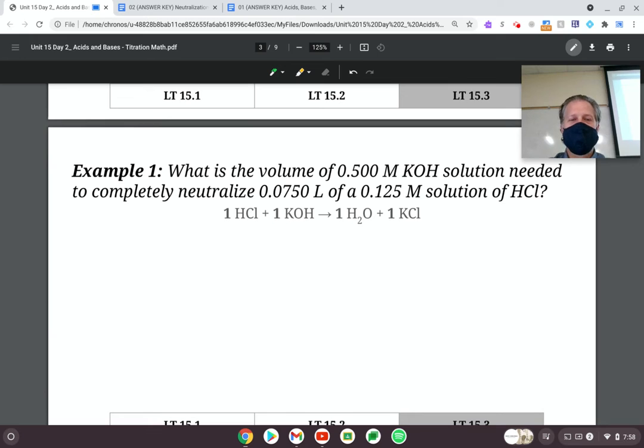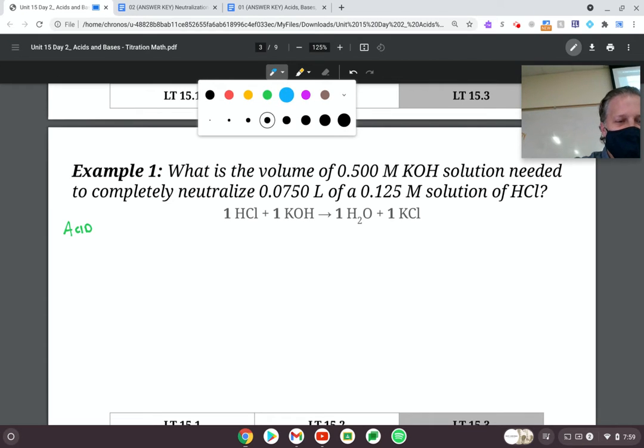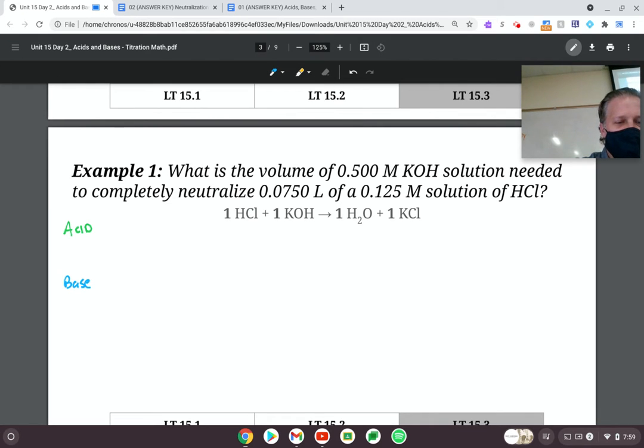The question is, what is the volume of a 0.5 molar potassium hydroxide solution needed to completely neutralize 0.075 liters of a 0.125 molar solution of hydrochloric acid? Part of the issue here is you have to know what you're dealing with. So I have my acid side that I'm going to focus on, and then my base side of this reaction.